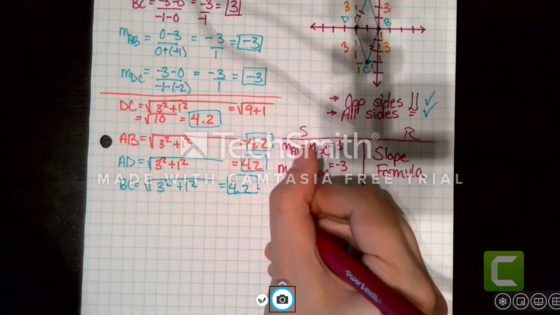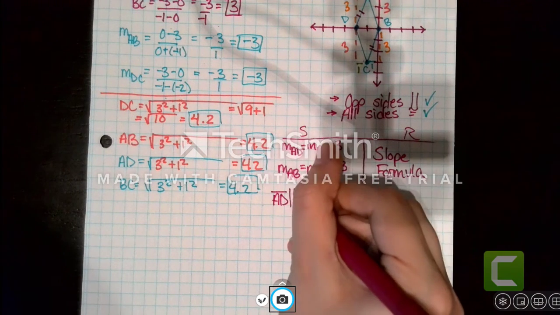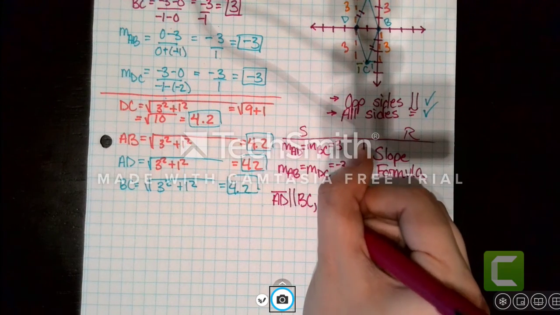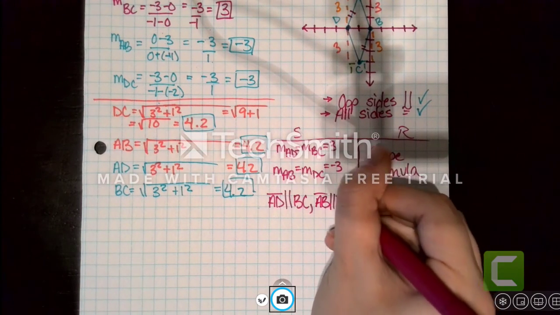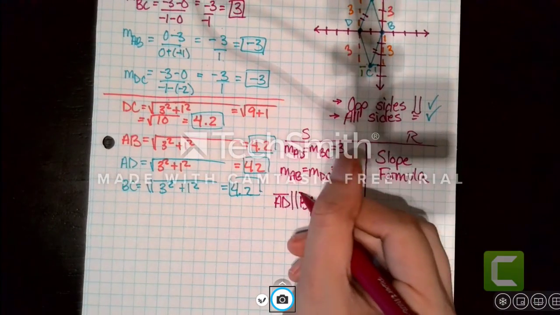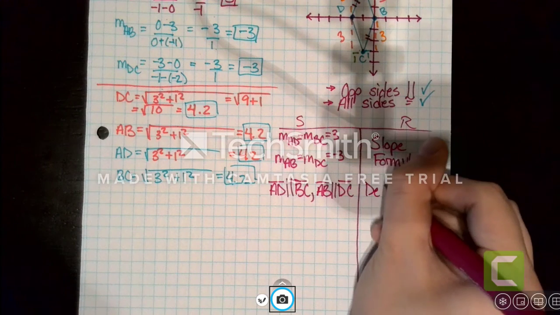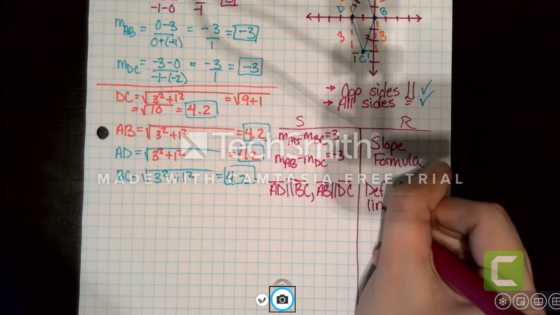Your second statement should be side AD is parallel to BC and that AB is parallel to side DC. And this will be by the definition of parallel lines.